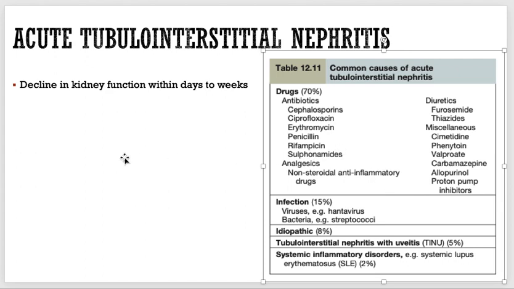So you can see over here the drugs which most of the time cause acute tubulointerstitial nephritis are antibiotics. Okay, these are the names of antibiotics. Analgesics like NSAIDs and diuretics can cause it. Many other drugs can cause it as well, right? Infections can cause it. Whenever it is caused by drugs, it is called what? Drug-induced acute tubulointerstitial nephritis.